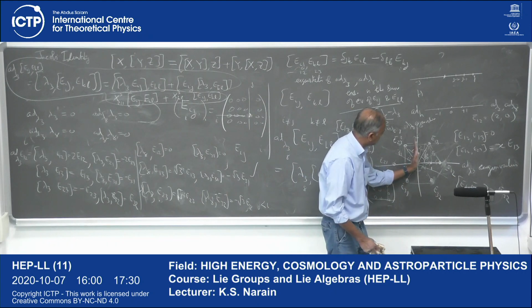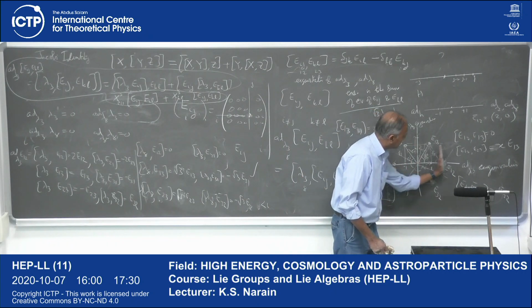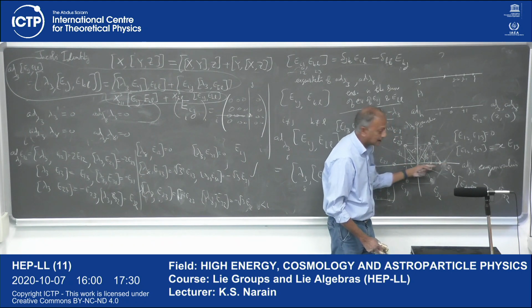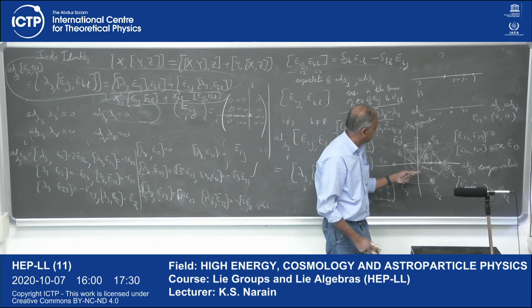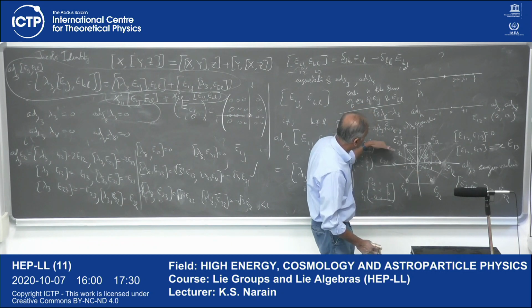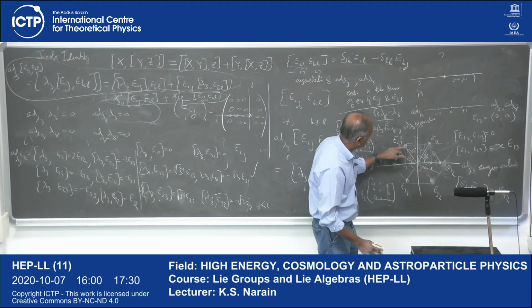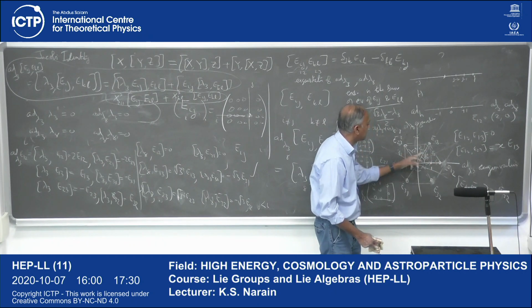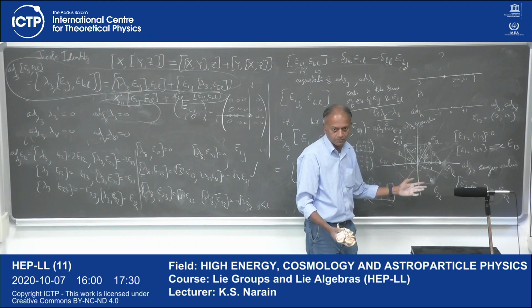So when I say this, it means the lambda 3 eigenvalue is positive, because this direction is the lambda 3 eigenvalue. On the other hand, if I had chosen this line, then these three are positive roots. In that case, some particular combination of lambda 3 and lambda 8 eigenvalue should be positive.